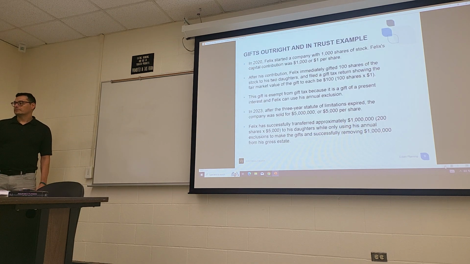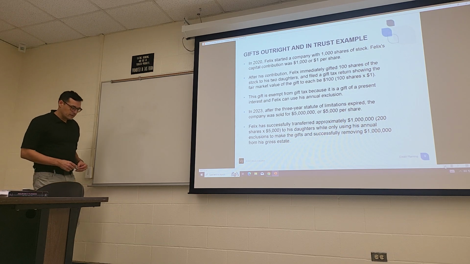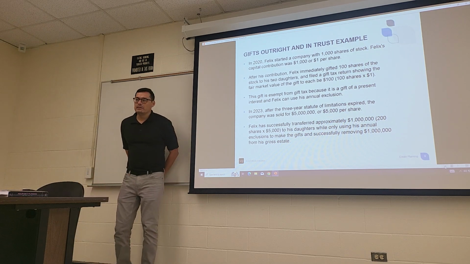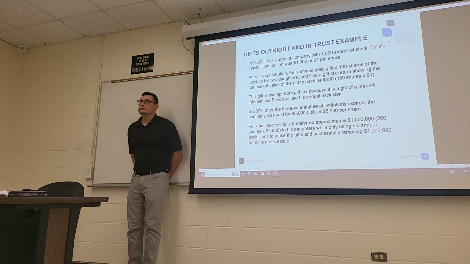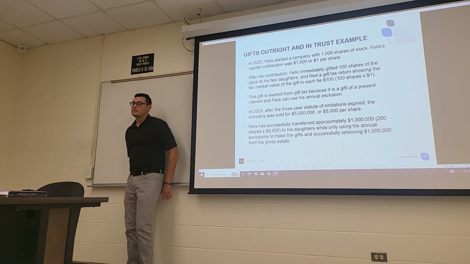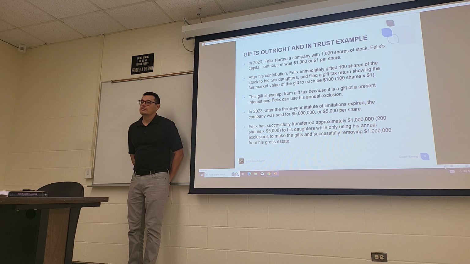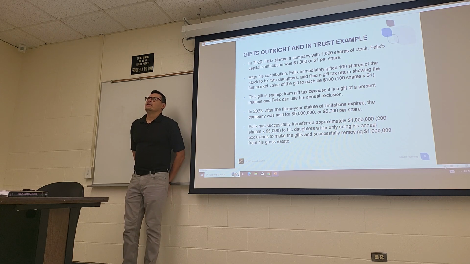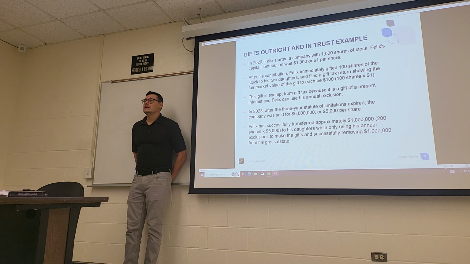For the 3-year look back period, what's that for this situation? If you gift property and you die within 3 years, then that's going to be included in your gross estate. I thought if you made a change to it, is that just for life insurance? If you bought the policy and gave it to somebody else, that again is subject to the look back.